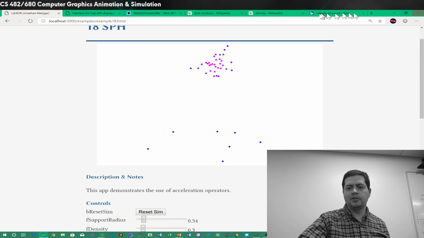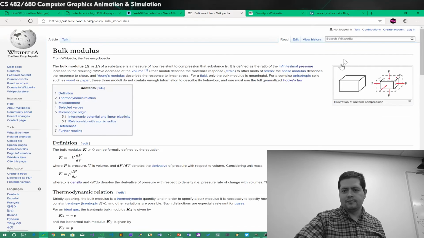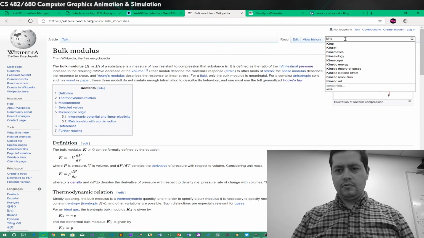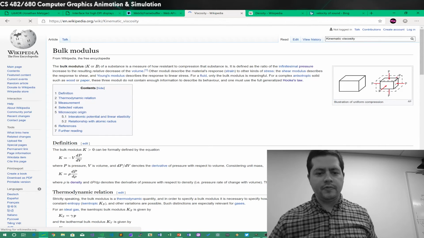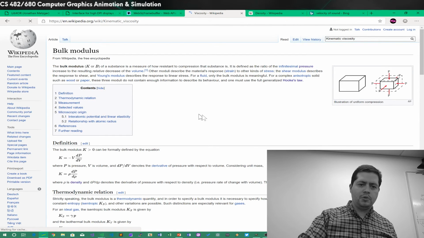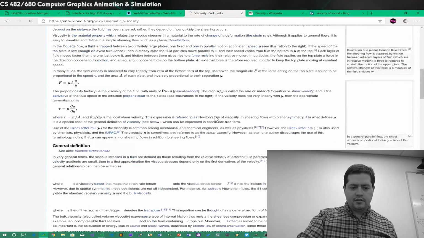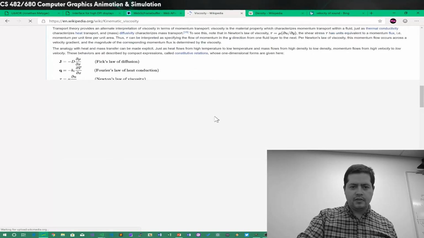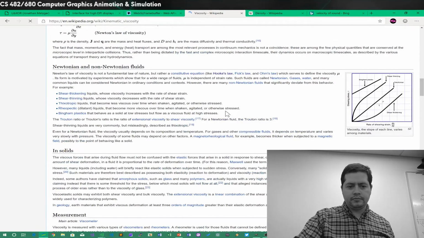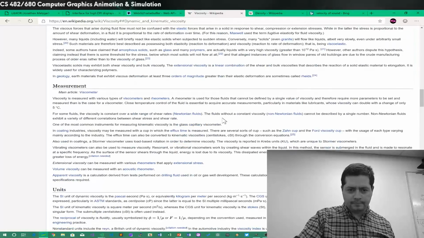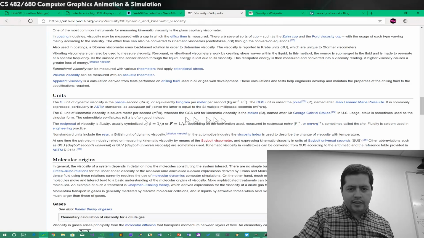So let's try to do the diffusion, right? So first we need to figure out kinematic viscosity, because we want to use real values. So let's see if there's any measurement. The Pascal second.